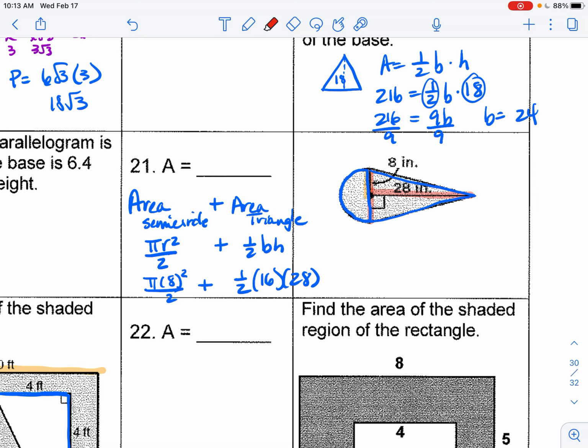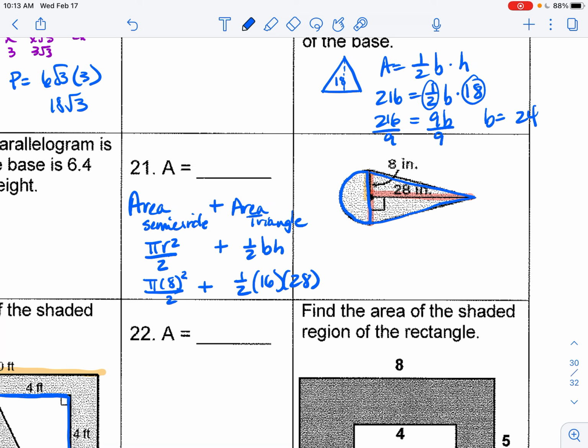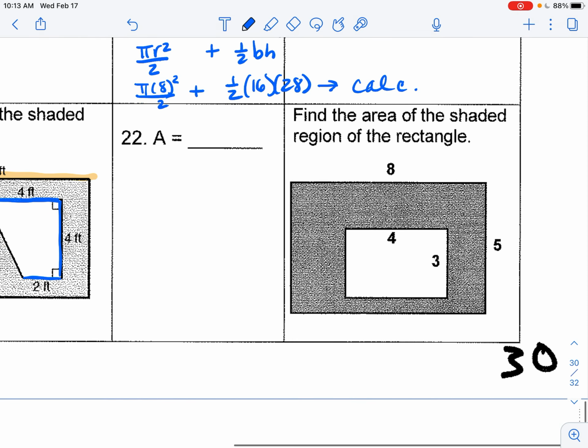Okay, I'm just going to go straight to my calculator. So pi times 8 squared divided by 2, and then add that to half times 16 times 28, and that gives me approximately 324.5, and this is inches squared. I just went straight to my calculator.